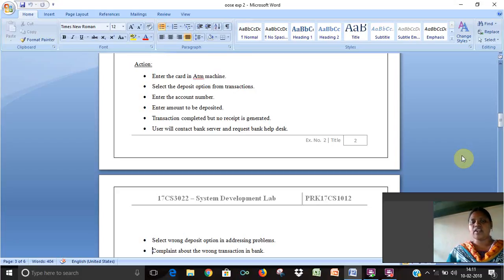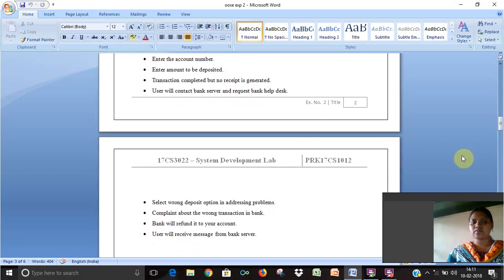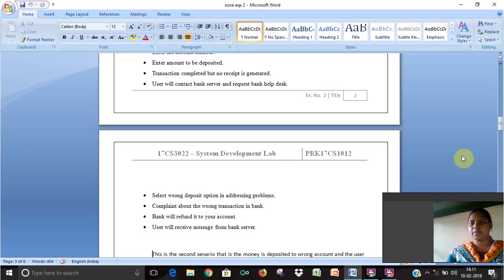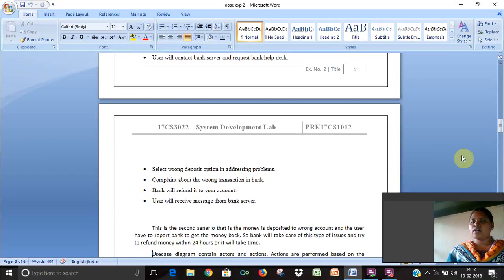From that we will select the wrong deposit option and complain about that wrong transaction to the bank. The bank will try to refund that money into our account. After receiving the money we will get a message on our phone. So this is the second scenario.